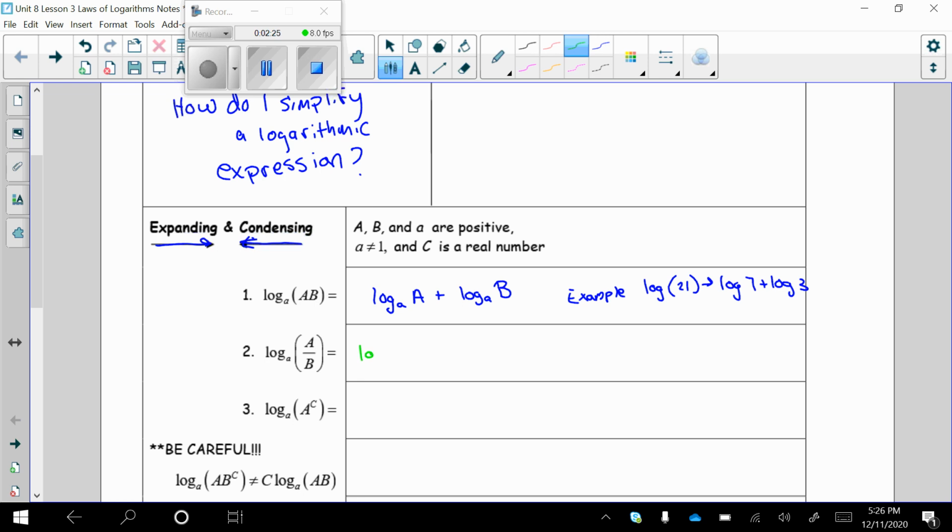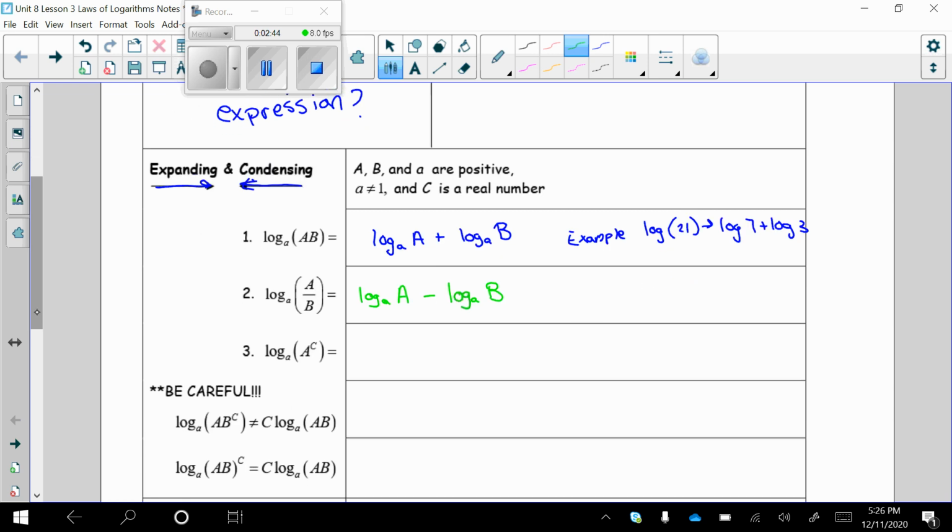Division, same thing. We can rewrite this into 2 different components and expand it out. Division goes to subtraction. So log base a of a minus log base a of b, and we split that into a subtraction problem. For this one, and we saw this a little bit in lesson 2 in terms of these canceling out and the fact that it was equal to the exponent.